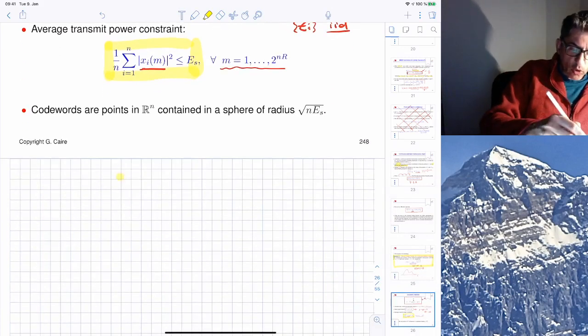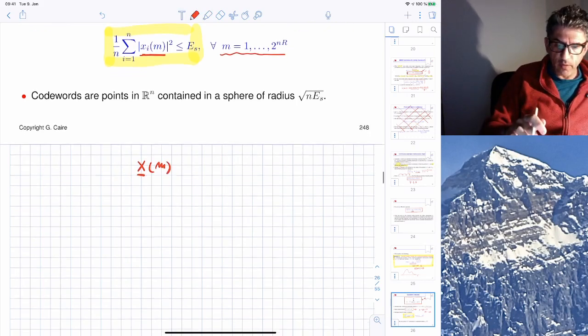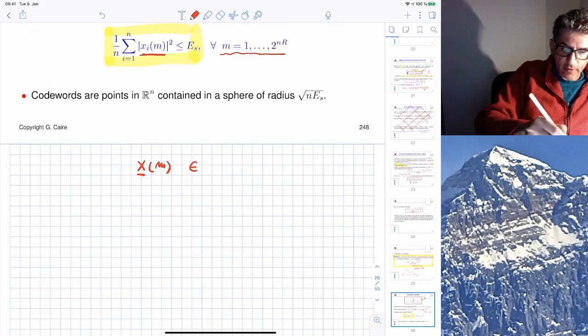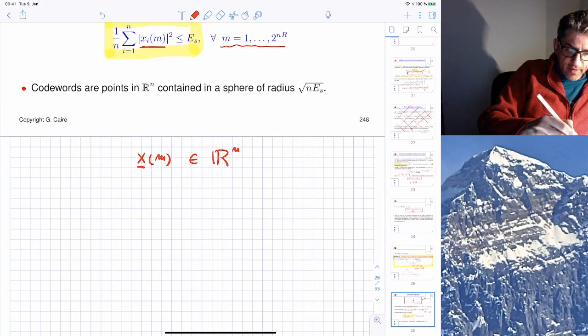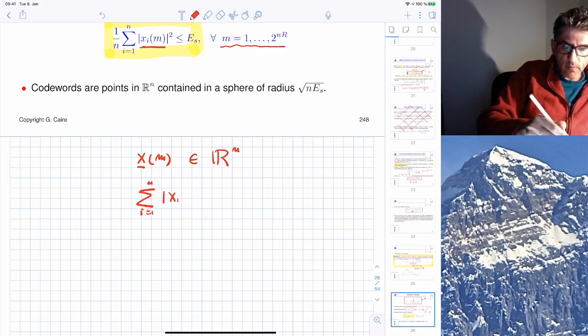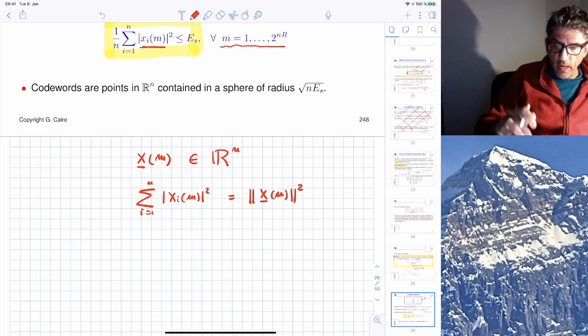A code word x_m, so the m-th code word, is simply an n-dimensional vector, and the constraint is on the length of this vector, so when I sum the squares of the components, this is simply what we refer to as the L2 norm squared of the vector.